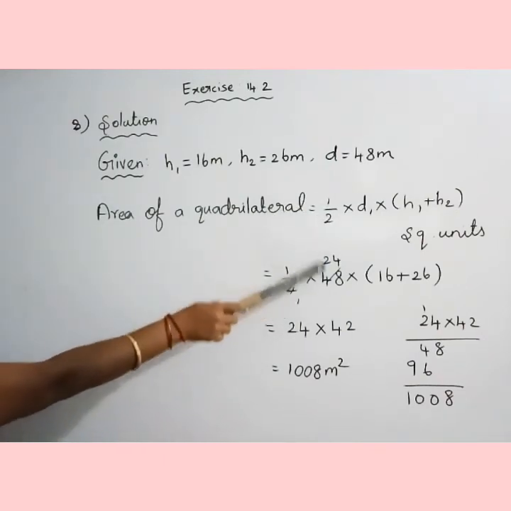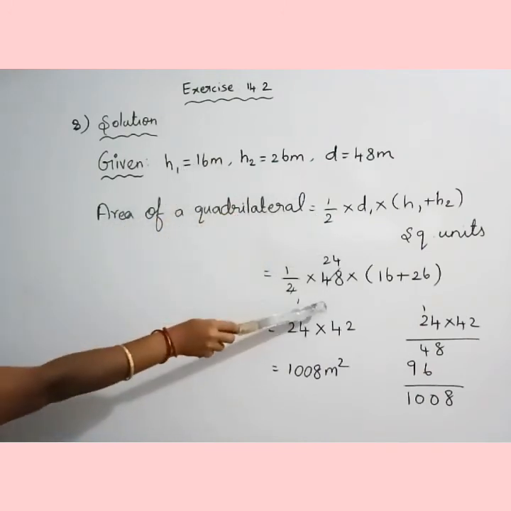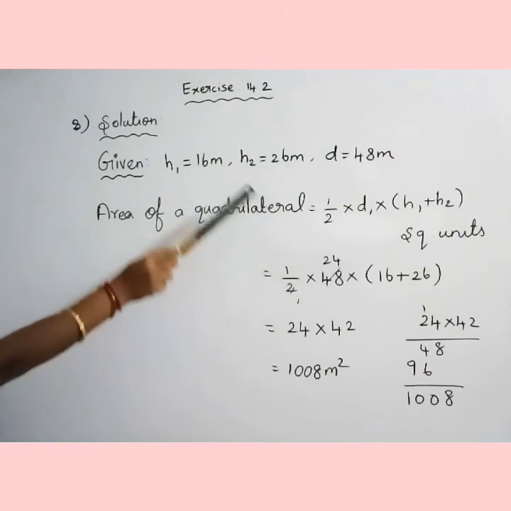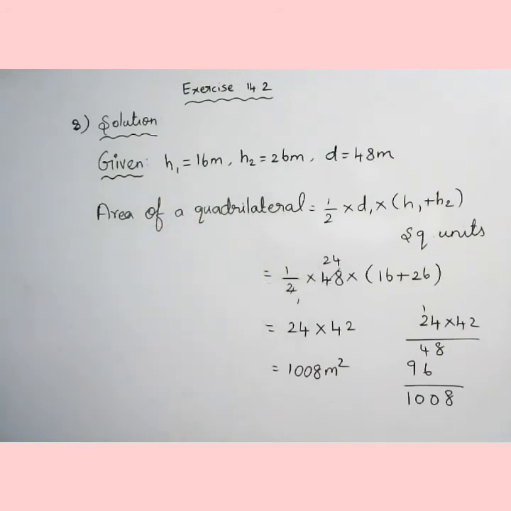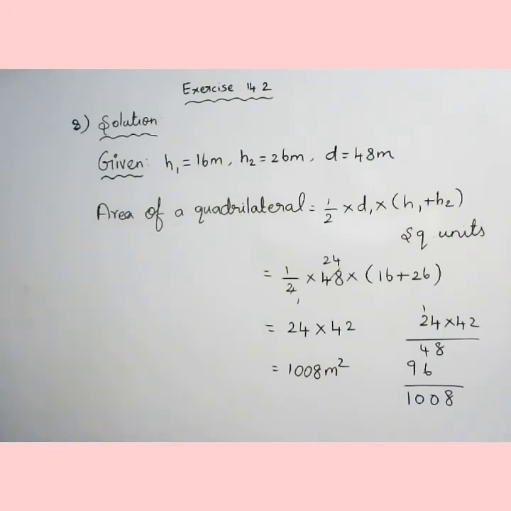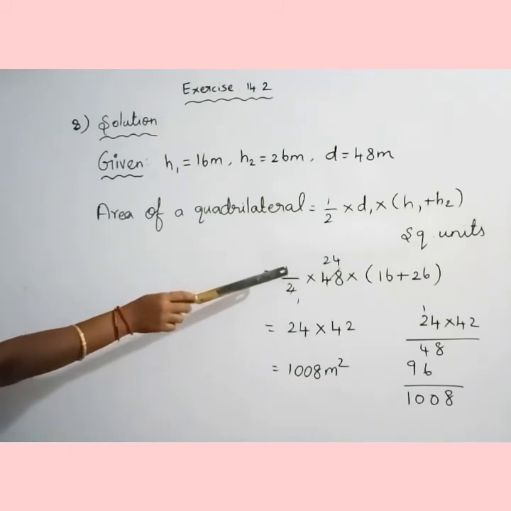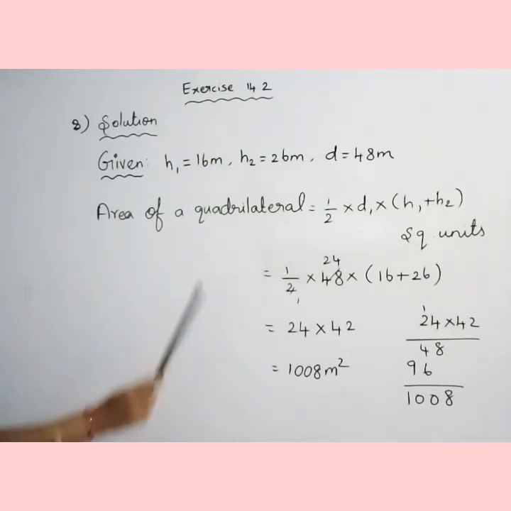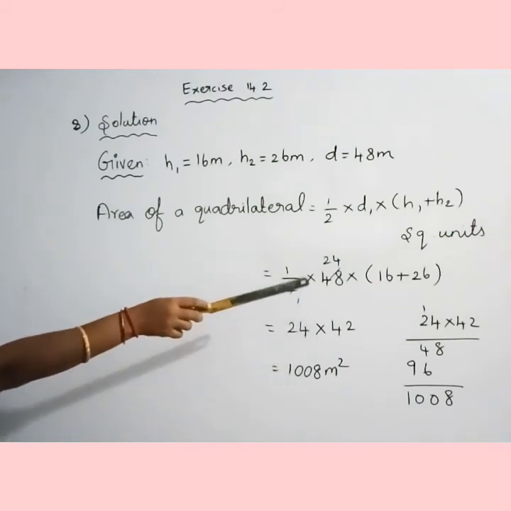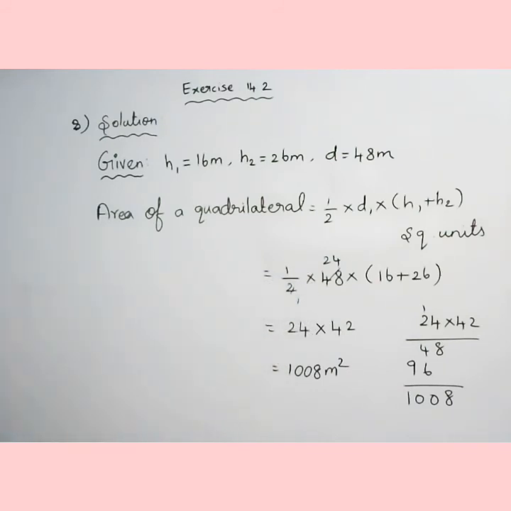Half into diagonal value 48 into height 1 value 16, height 2 value 26. First we have to substitute all the given values and cancel these two values by the second table. 1 2s are 2, 2 2s are 4, and then 4 2s are 8. Write 24 here into 16 plus 26 is 42.